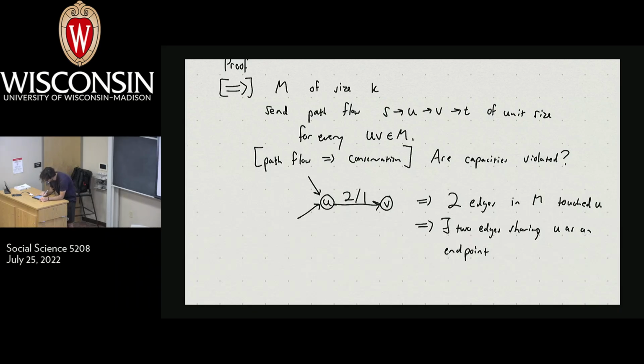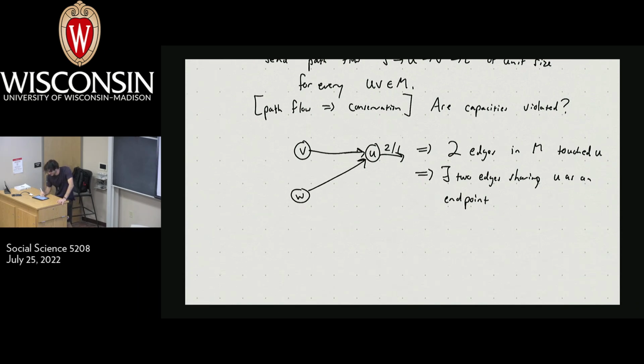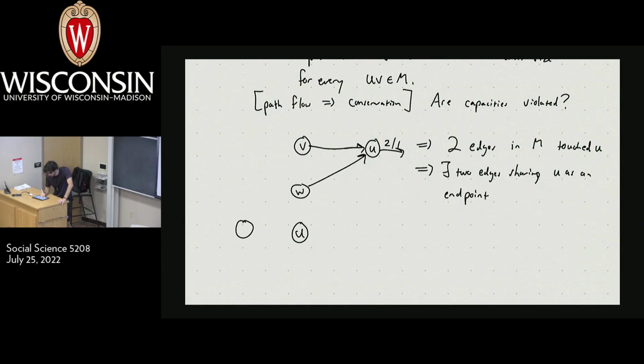Actually, let me rewrite this slightly backwards. It looks like this. So let's say there was 2 flow leaving U. Then it looks like that. What I drew before doesn't make sense because, by definition, if U was on the left side, only one edge goes to U. There's only one edge from S to U, not multiple.